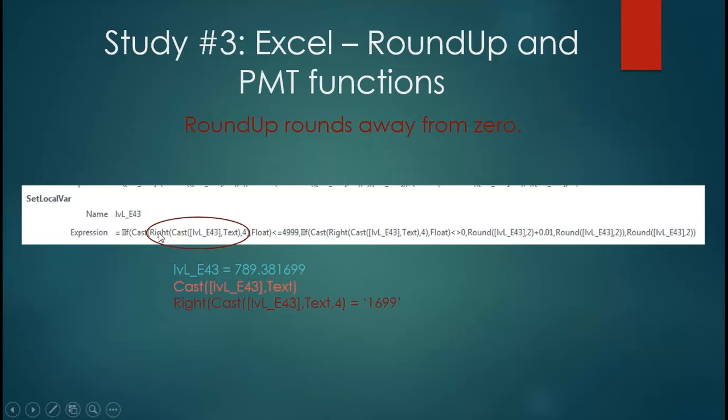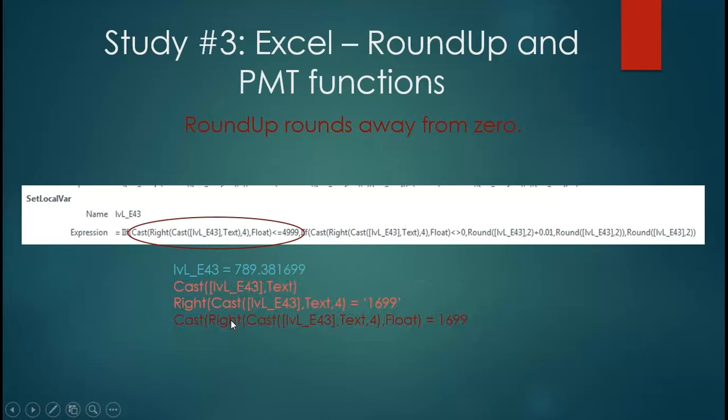Then we're going to move out one step here, and we're going to take the right-hand 4 digits. Our numbers end up being in a 6-decimal precision, and to round up, we need to take a look at what those last 4 digits are doing. So right is a string function, and since we've changed that number into a string, we can pick off the last 4 digits.